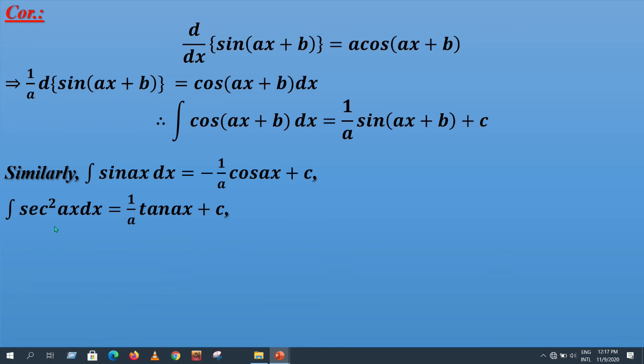Integration of sec square(ax) dx equals 1 divided by a tan(ax) plus c. And integration of cosec square(ax) dx equals minus 1 divided by a cot(ax) plus c, etc. In this way you can find the other terms.